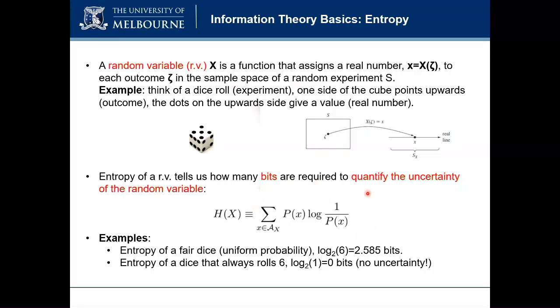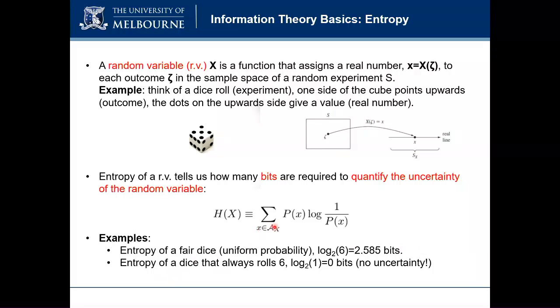And the entropy of a fair dice, with uniform probability, is log base 2 of 6, because each probability is 1 over 6, there are 6 possibilities, and they cancel out. Log base 2 if you want bits. So you get this many bits to describe that uncertainty.